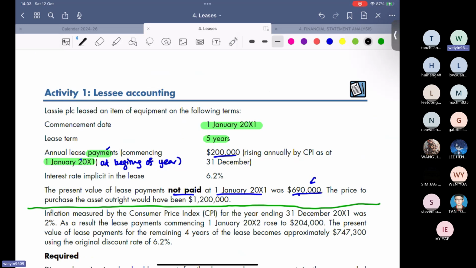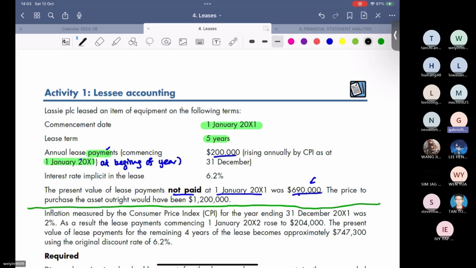That means your rental payment is at the beginning of the year. So the moment I sign, I already make my payment of 200,000, so my present value of the lease payment, which is not yet paid, is only the remaining 4 terms.